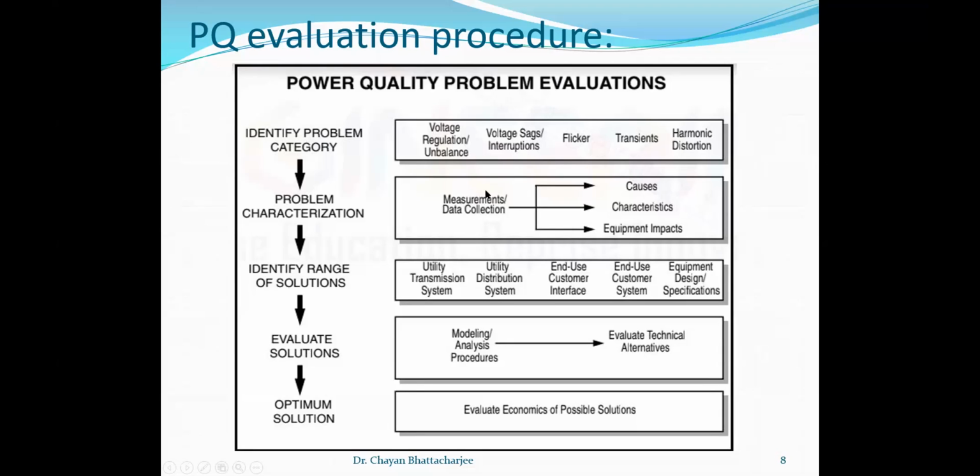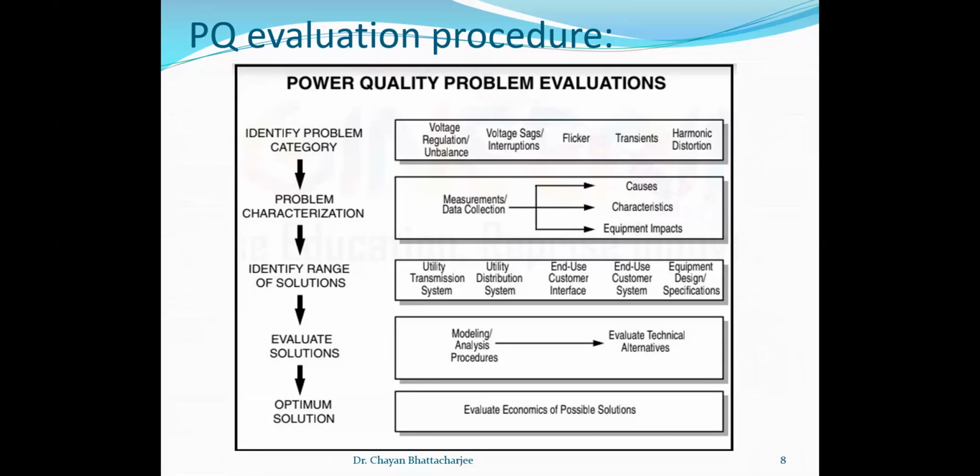Severity will be obtained with this problem characterization by measurement of its actual data. It is divided again into three parts: the causes of the problem, characteristics, and equipment impacts. What are the causes? It's a fault. The fault can be of different types. It can be an SLG fault, a DLG fault, or a 3LG fault, and even for an SLG fault, the location of the sensitive load is very important.